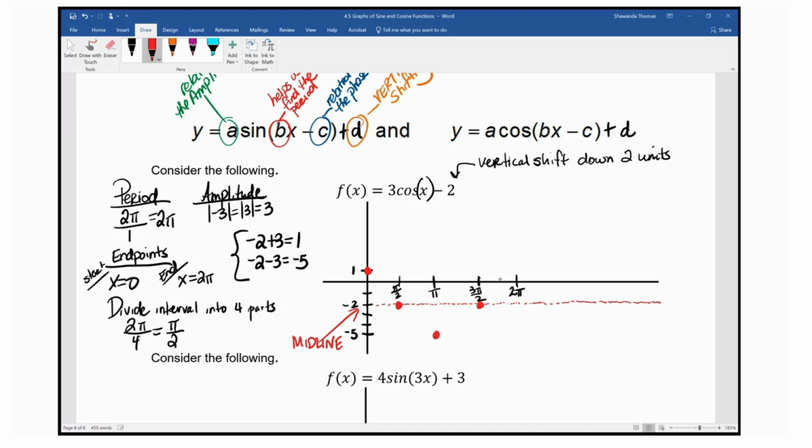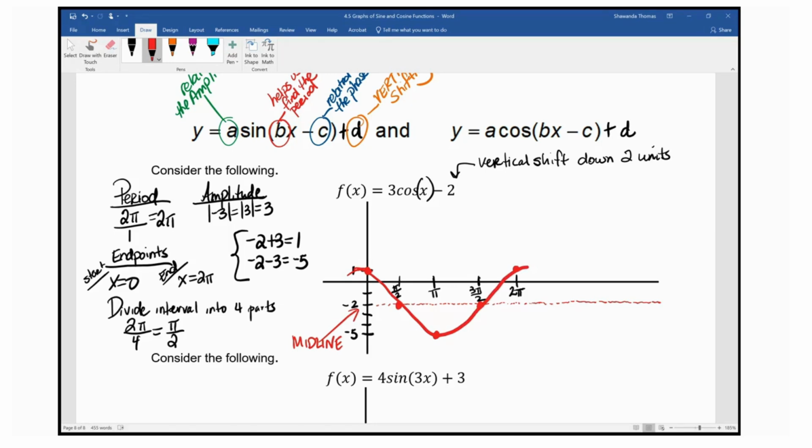And on the end, we're again not going to be at 3. We're going to go back up to 1. This is our max. So it's doing something like this. This is graphing one period of the graph.